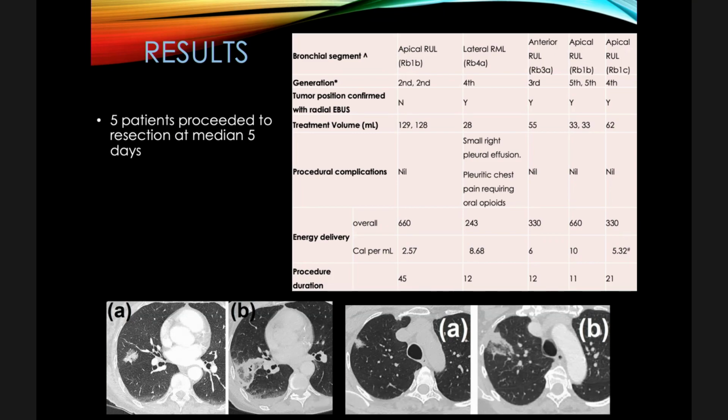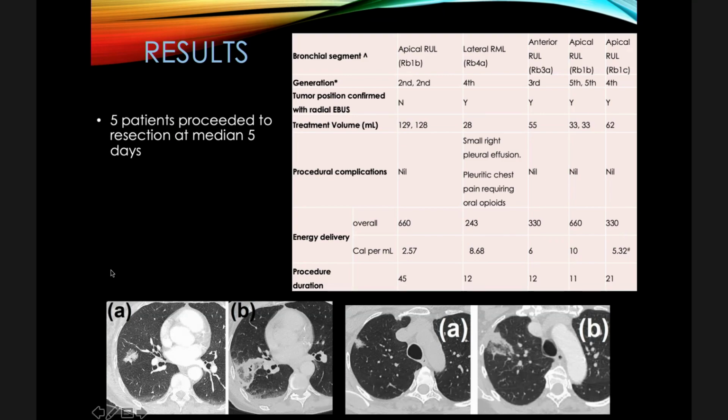You can see there was some variability in the energy delivered, mainly based on whether patients received 1 fixed dose or 2 fixed doses in adjacent bronchi. And apart from the first procedure, which took some time, the treatment duration was in fact very short on average, 11 or 12 minutes. It was technically a very straightforward procedure.